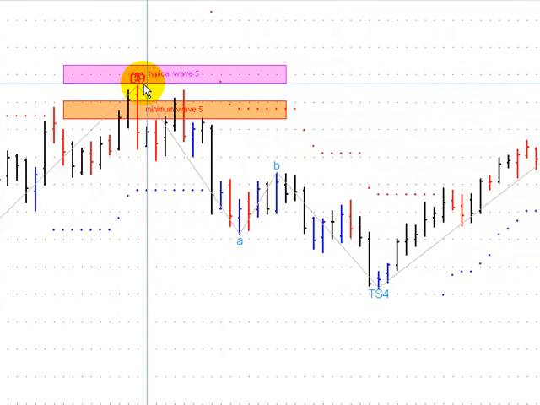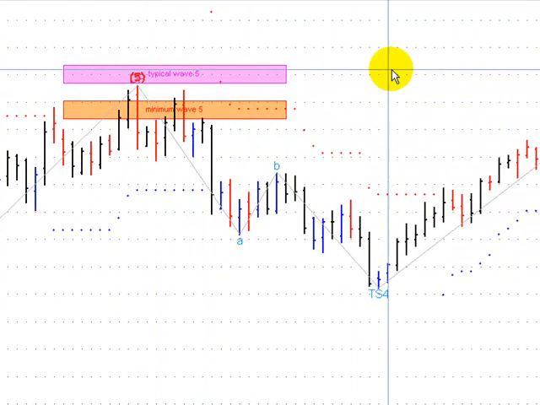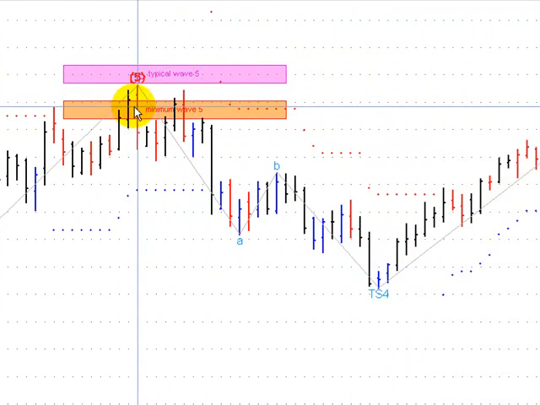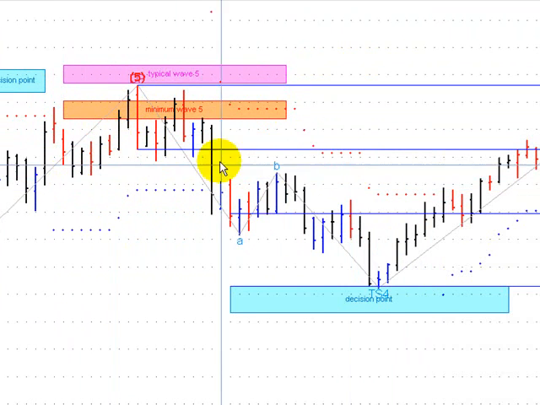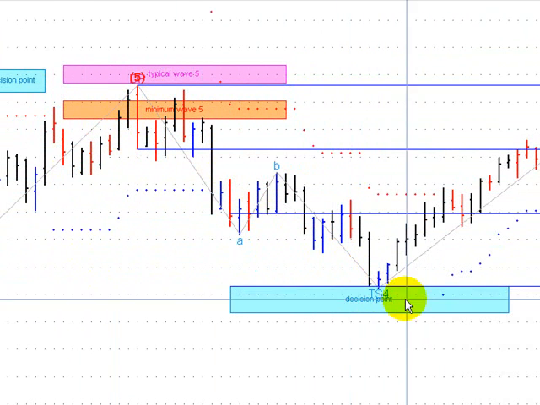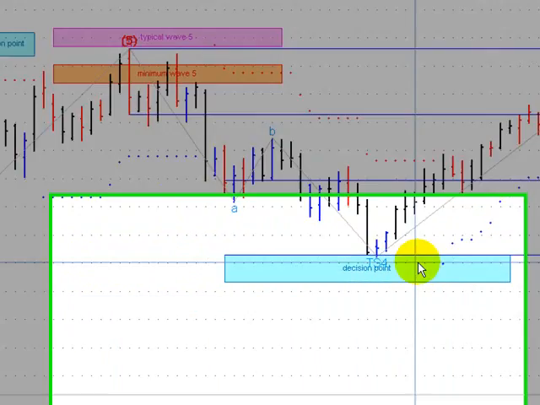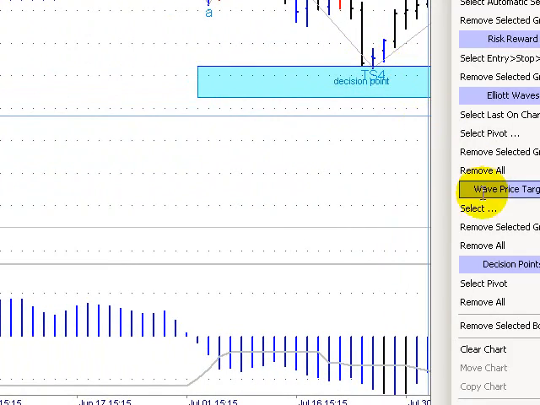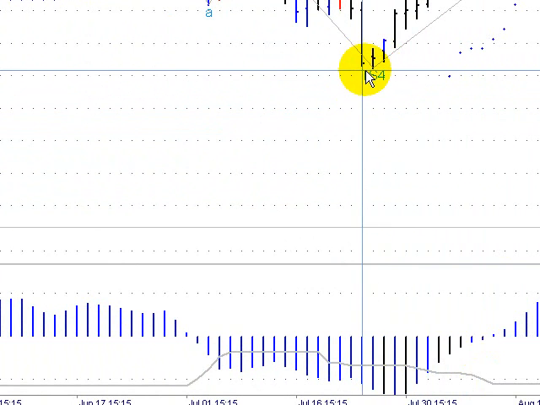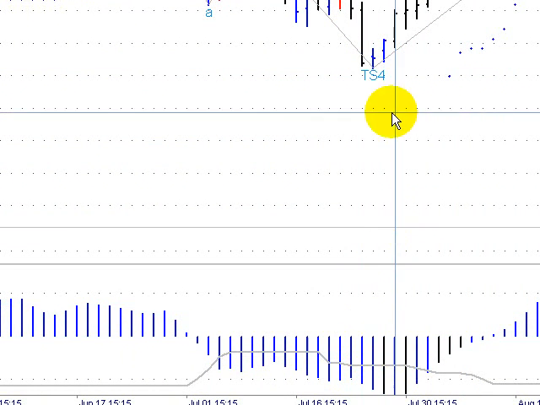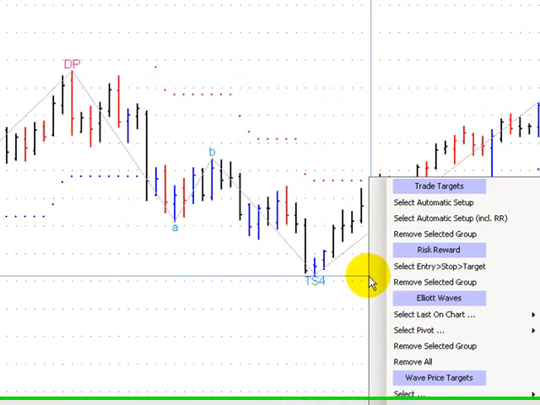We were just about into that typical wave 5 resistance area. We got our nice sell-off in gold down to our target there, about a 2-to-1 target, and then we've got a TS4 signal. Let me remove this. A TS4 signal to go long with the trend, the bigger trend here.